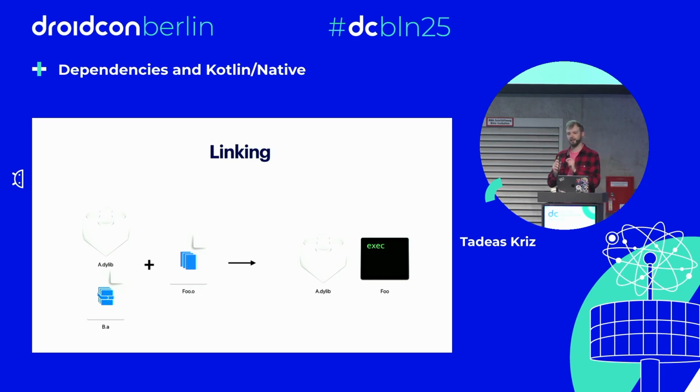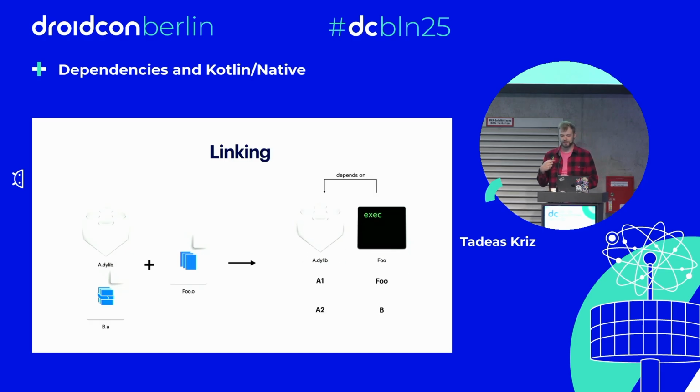We have the a.dylib. We need to include that in our bundle, and we need to ship that. And then we have foo, which is our executable, and that contains b. In the end, if we take a look at the symbols in the binaries, we'll see A1 and A2.